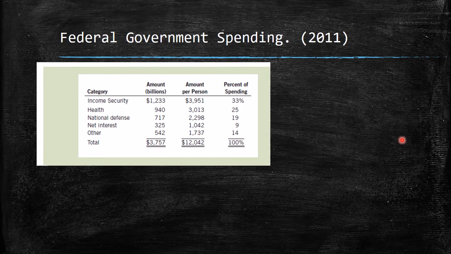So here we already have a look at the income, which is the first part that we already have. And now we're going to figure out what's going on with the spending. Here, the spending is mainly represented in these four groups. First, the federal government needs to pay for income security, then health, national defense, net interest, and other.